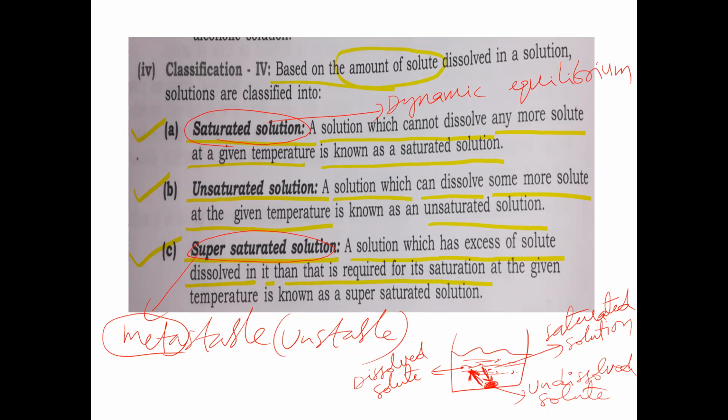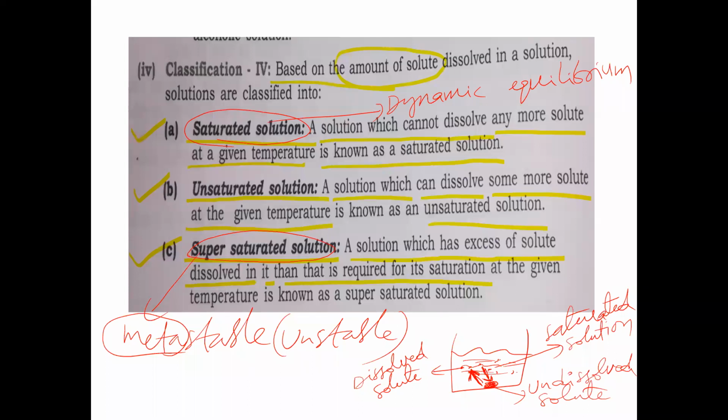Are you able to follow? Suppose 10 particles from the undissolved solute at the bottom enter into the solution. Then from the solution also, 10 particles will come to the undissolved state. If 10 particles go from the undissolved state into the solution, the same number of 10 particles will come from the solution to the undissolved state.